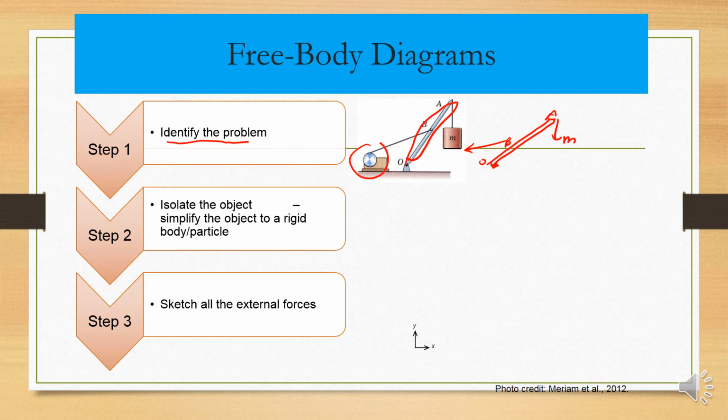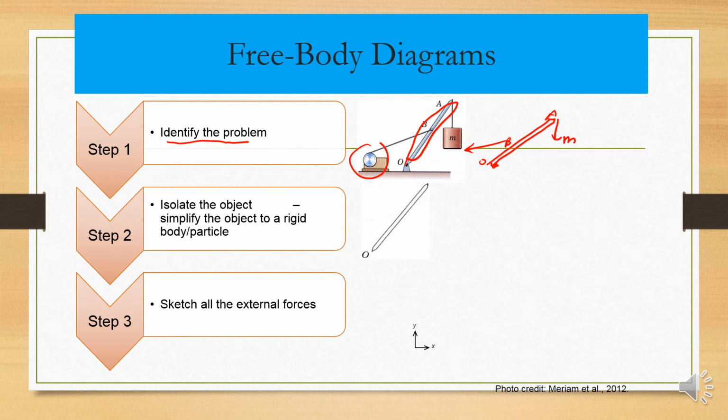Then, after we identify the problem from the question, you need to isolate the object, or simplify the object to a rigid body or particle. For example, in this case it's focusing on the middle part here. So you just isolate the object that we want to focus on, instead of focusing on the whole thing. You know you want to look at the OBA part.